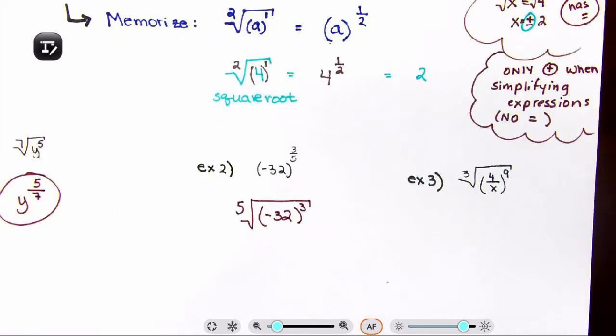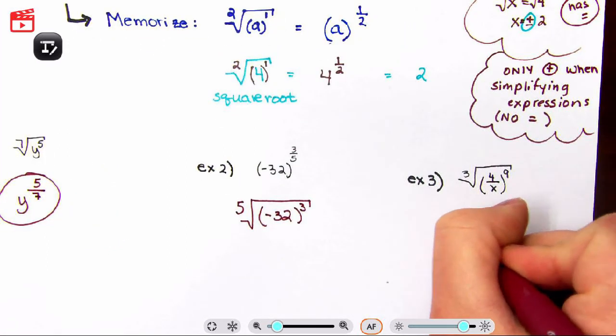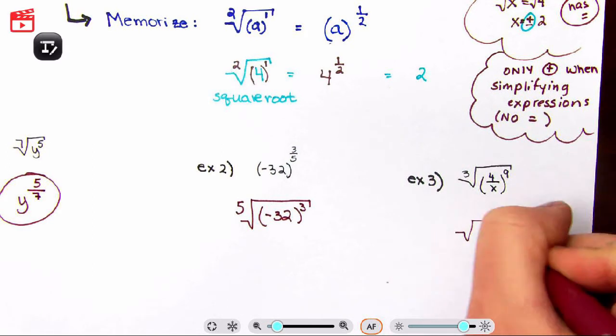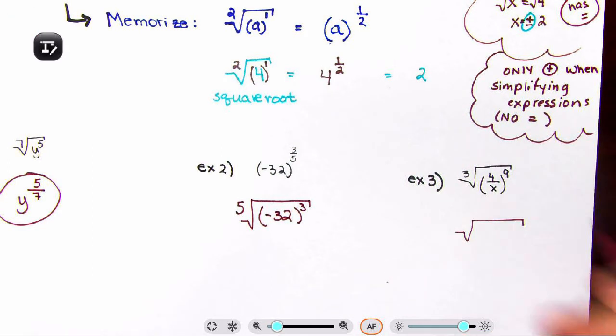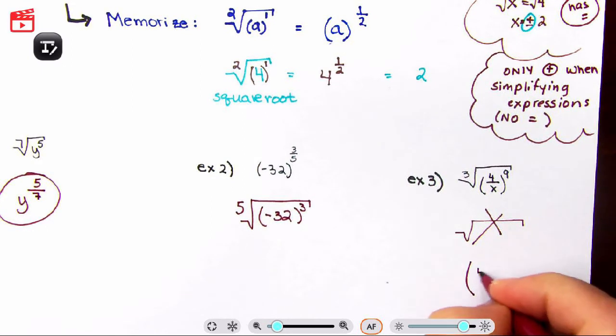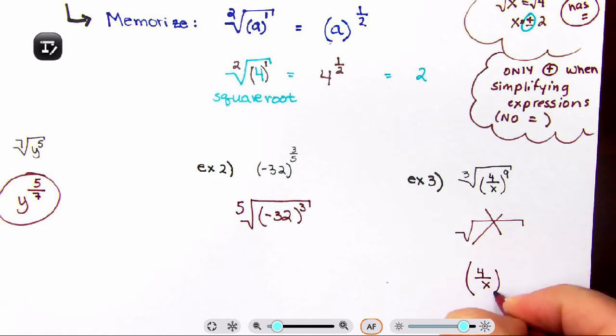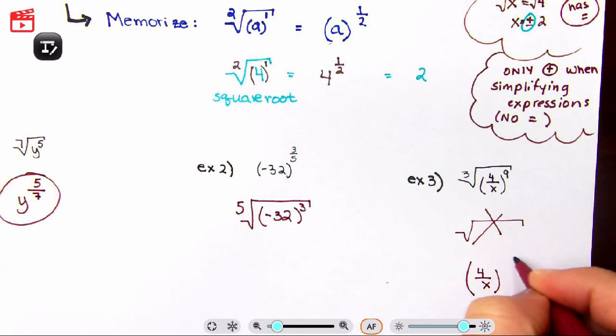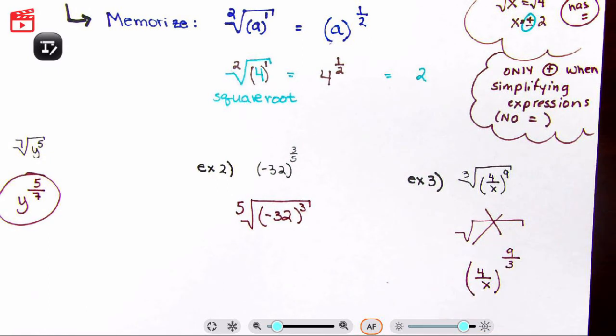And here we are given a root, so we need to write it as a rational exponent. So here's my base, 4 over x to the 9th power, and my root is 3.